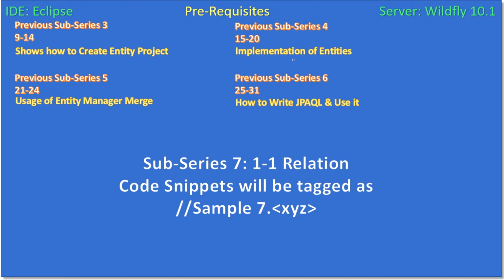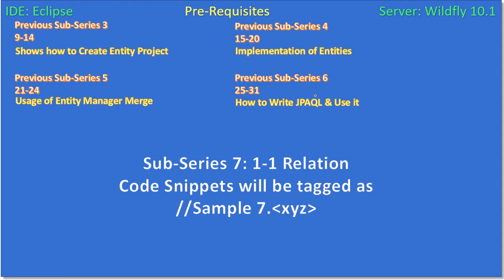Then in subseries 4 we started implementing the entities. Then in subseries 5 we learned how to use the entity manager merge method. Here implementation of entity, in the sense we learned the create, read, update, delete action and how the state change occurs. Then in the previous subseries we introduced JPA and we also learned how to use it.